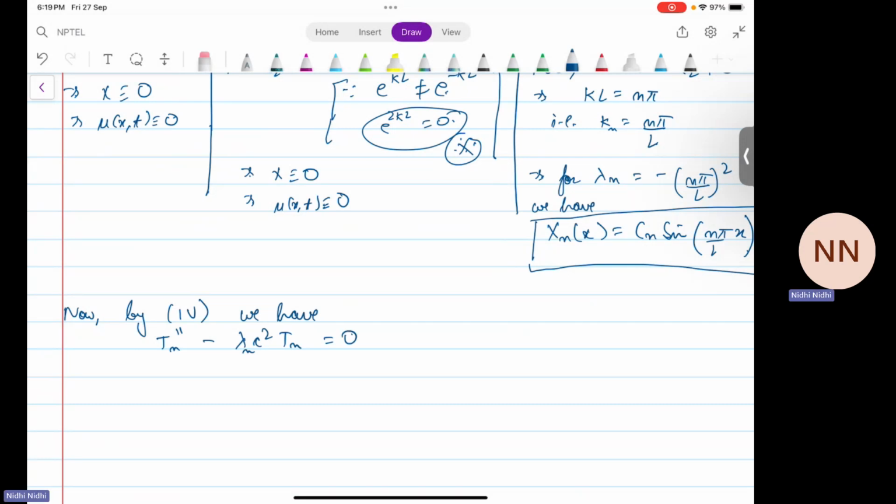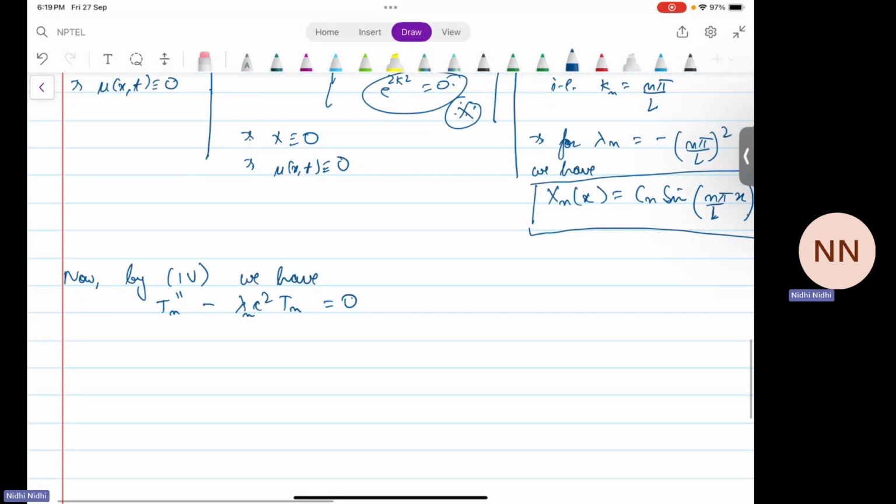Since for every natural number n, moreover for every n from 1 to infinity, we can find a different X n, we will search for a different T n. That is why I just replaced the T by T n. Now its auxiliary equation is r square equals lambda n c square, which is minus n pi c by L whole square.